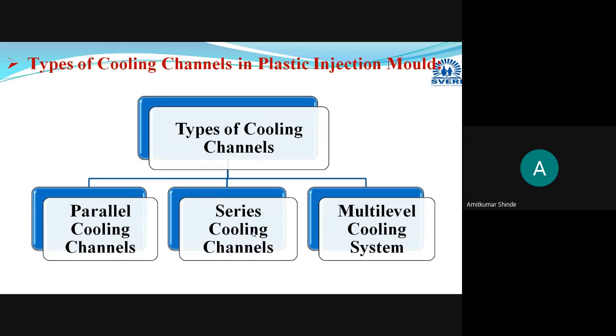Please draw this. After that, we will discuss the brief classification. I will provide you the details. Generally, cooling channels are classified in three types: parallel cooling channel, series cooling channel, and multi-level cooling channel or multi-level cooling system.